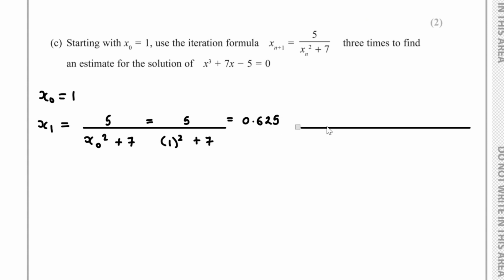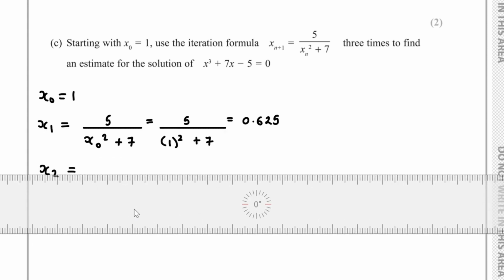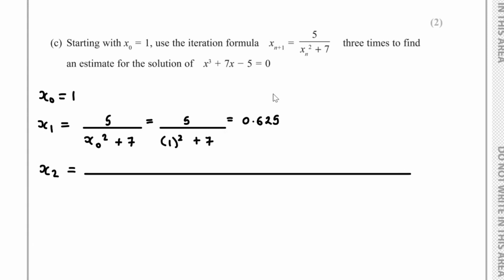Okay, so let's just rub all this out. And then x2, this is equal to, so if I type all this into my calculator, I've got 5 over x1 squared plus 7. So we've got the following.